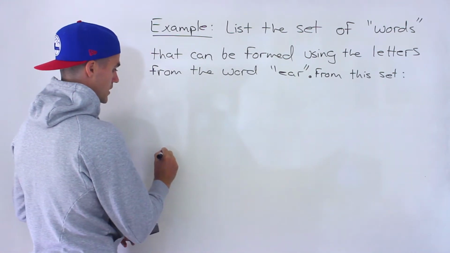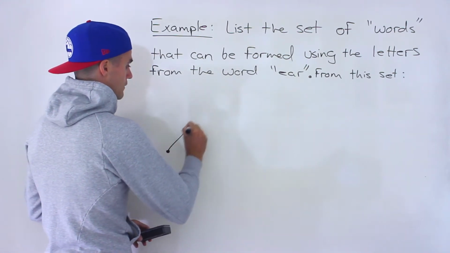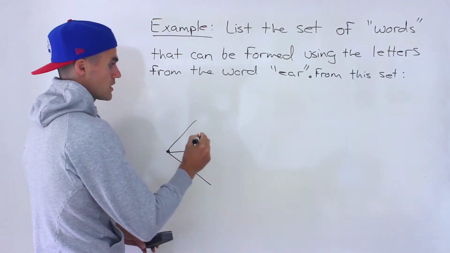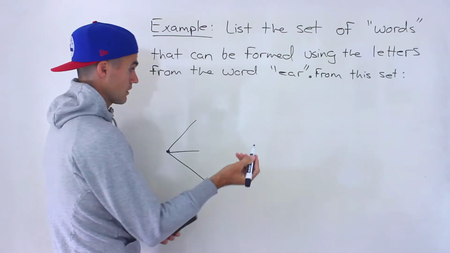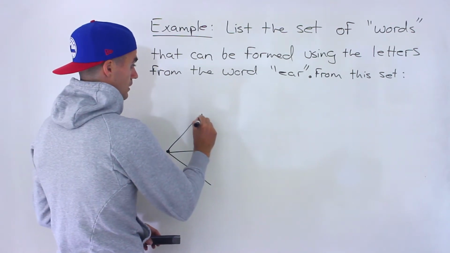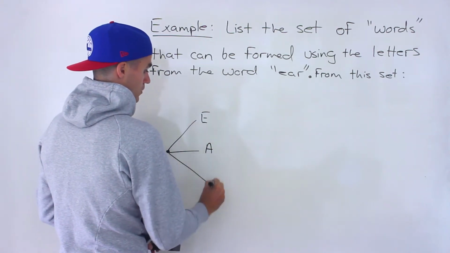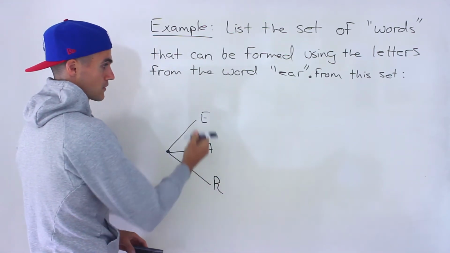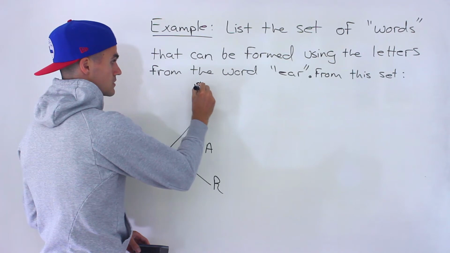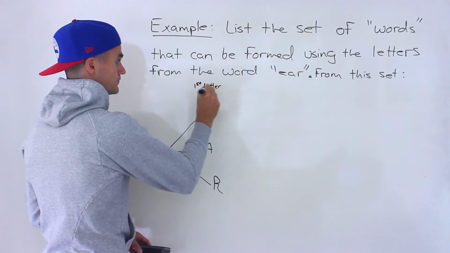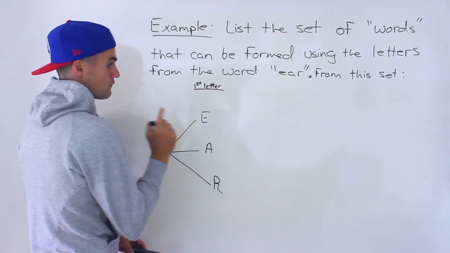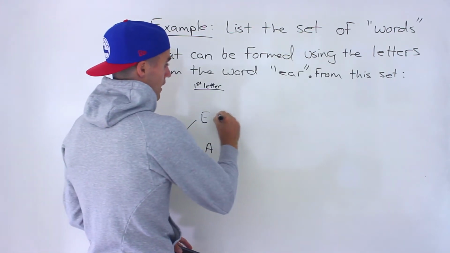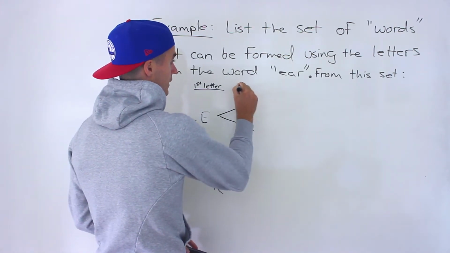So what would happen is if we let the first branch be the first letter in the word. We only have 3 choices for that first letter. Now, if the first letter that we pick is E, then what's the second letter going to be?